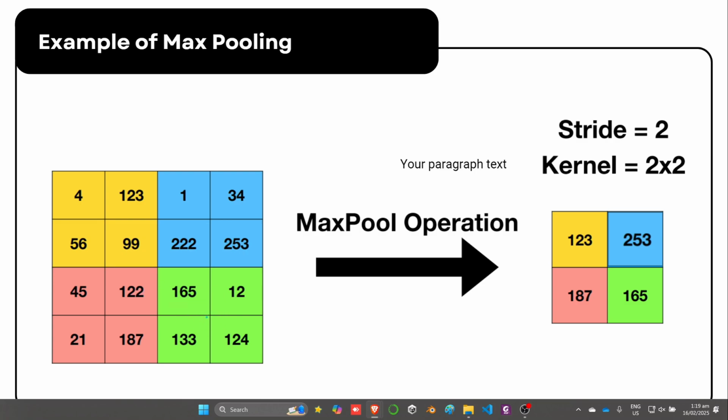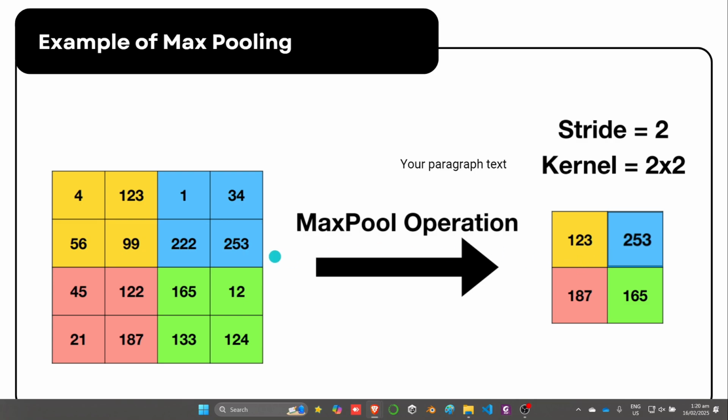Now you may have already figured out by looking at this one that the max pool operation simply takes the largest number in the block. So in this 2 by 2 grid, in this case, we have 123.